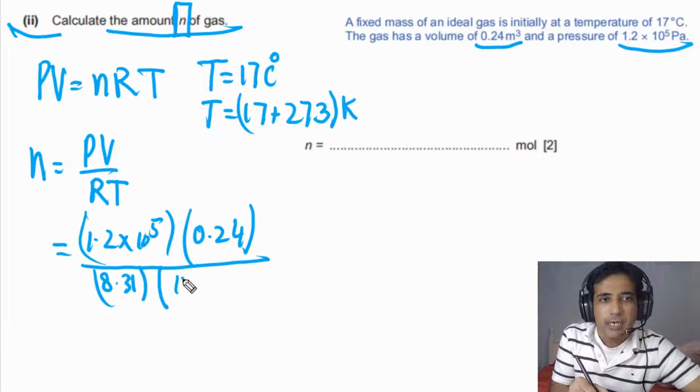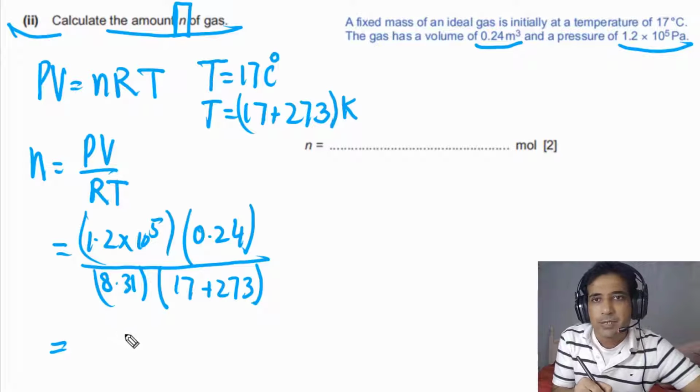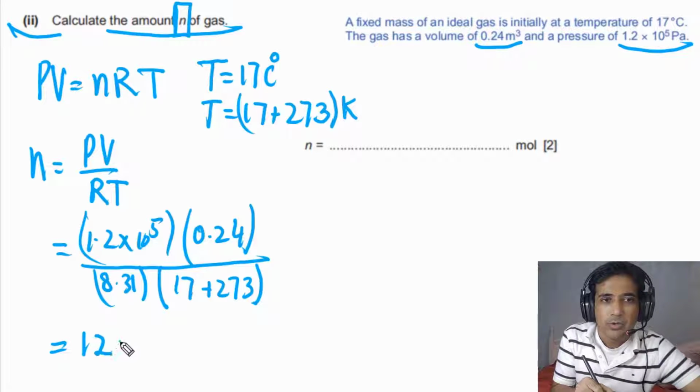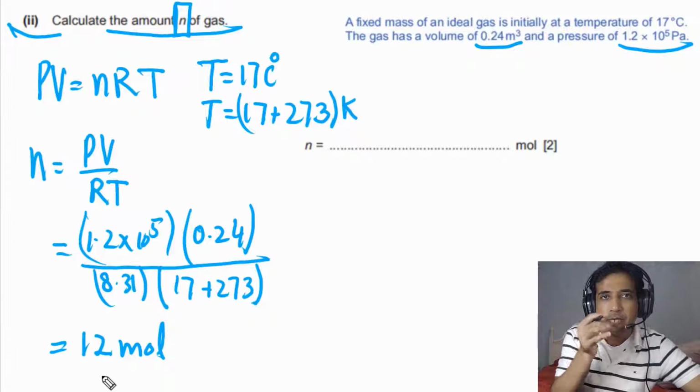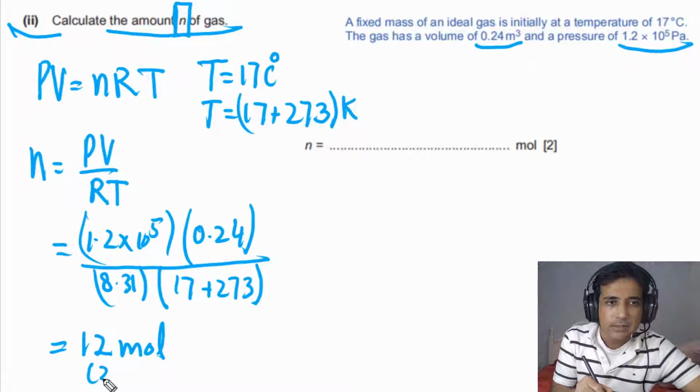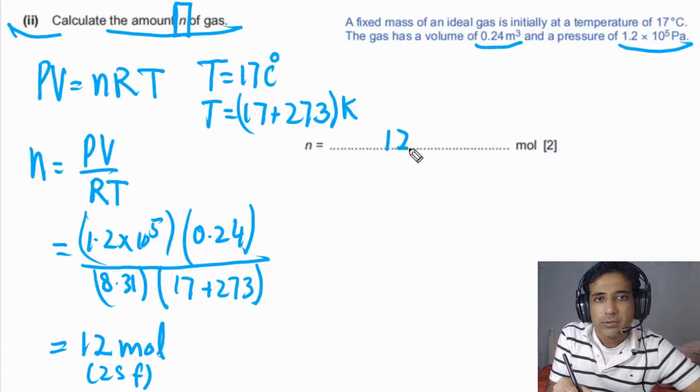Then temperature we have, that is 17 plus 273 Kelvins. Now if we simplify this one, we can get number of moles. In this case, number of moles are equal to 12 up to 2 SF, because the least number of SF in raw data we have is 2 SF, so our final answer has to be up to 2 SF. So the answer for this question is 12.